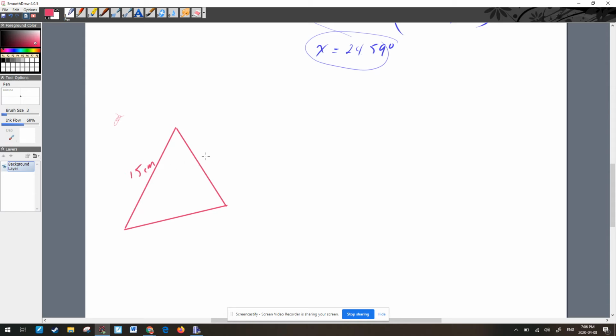This is going to be less than that, so 11 centimeters. And I'm going to tell you that this angle here is, I don't know, 64 degrees. And what I would like you to do is solve for this angle here. So go ahead, pause the video, and give that a whirl.